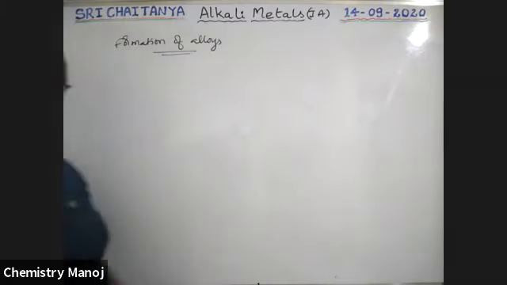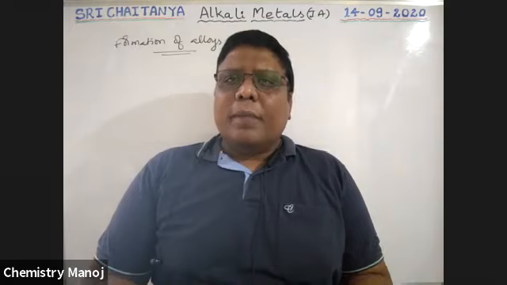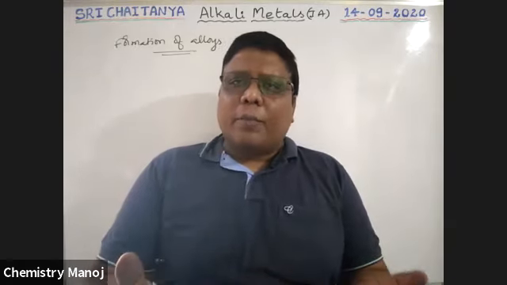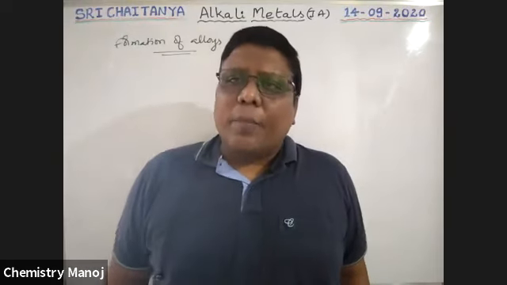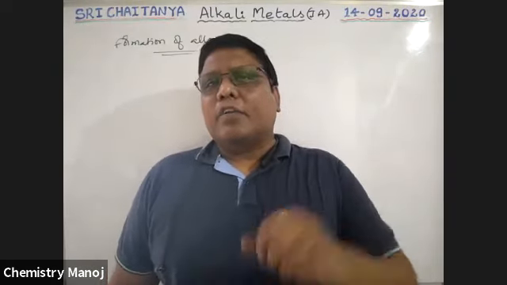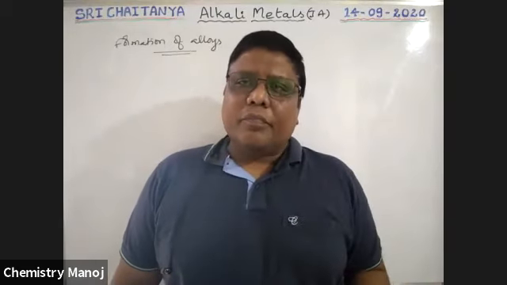Alloy means mixing of different metals. So a metal plus metal combination gives a new compound, and that new compound has metallic character. Our alkali metals also form alloys with metals like mercury. If one of the metals is mercury, it is called an amalgam.